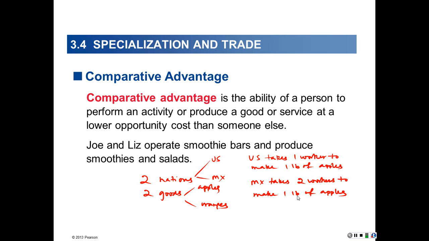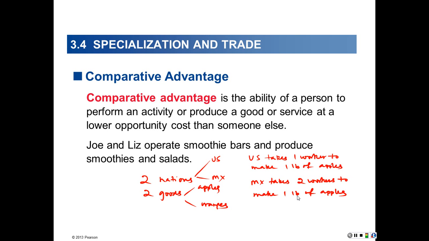Now, given these facts here, which country would you say has an absolute advantage in producing apples? The US, correct? Why? Because the US is better than Mexico at making apples.